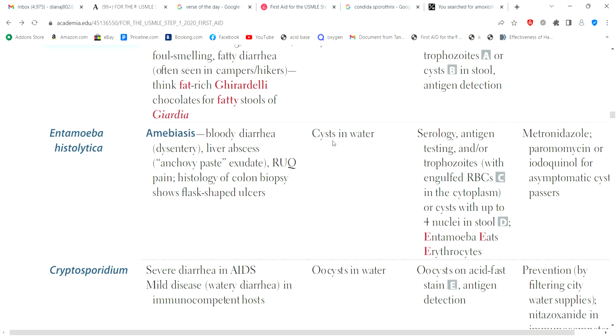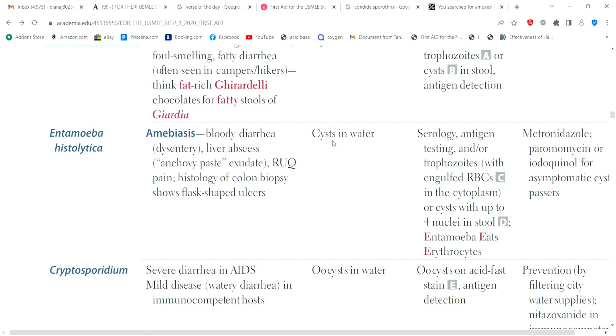And this Entamoeba histolytica likes to eat the RBCs. The trophozoite eats RBCs, and the RBCs are in the trophozoite cytoplasm. The treatment is metronidazole, paromomycin, or iodoquinol for asymptomatic cyst passers.